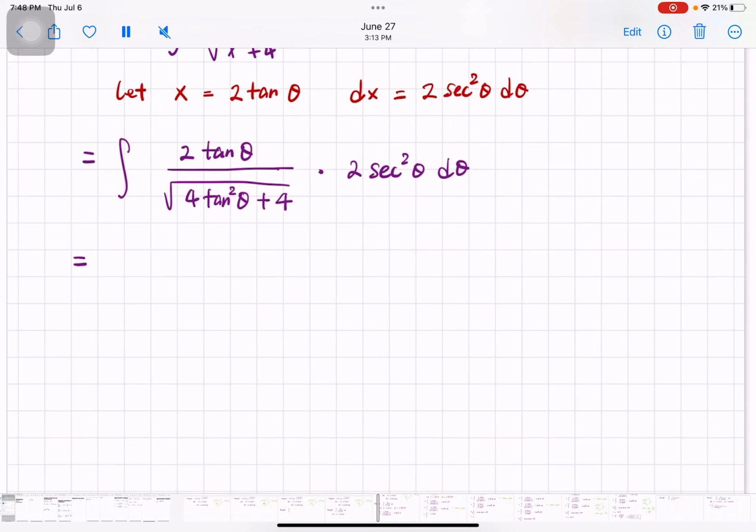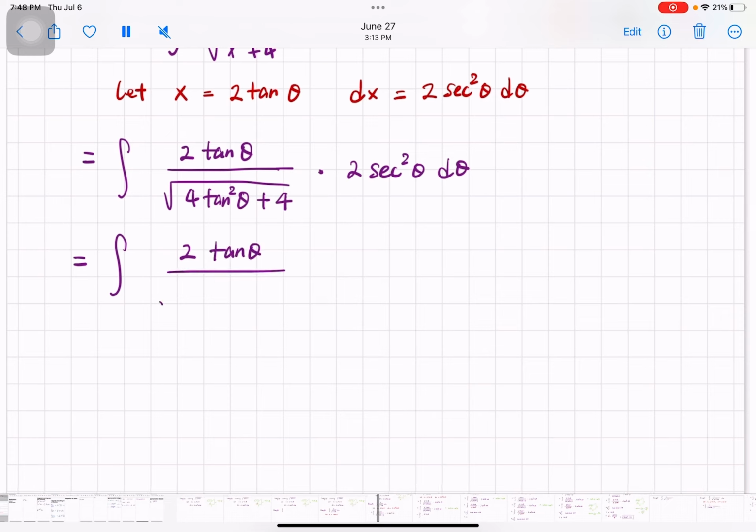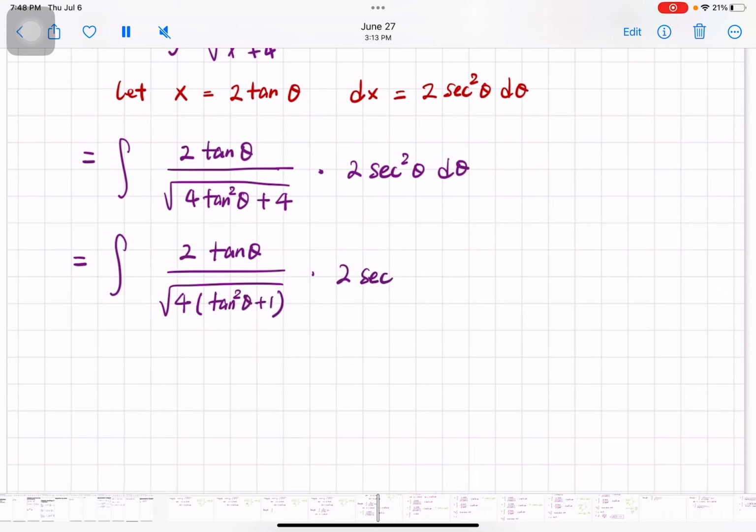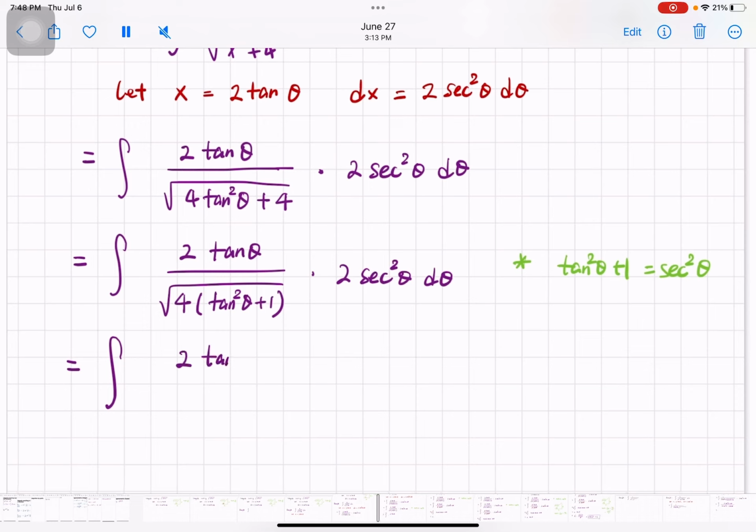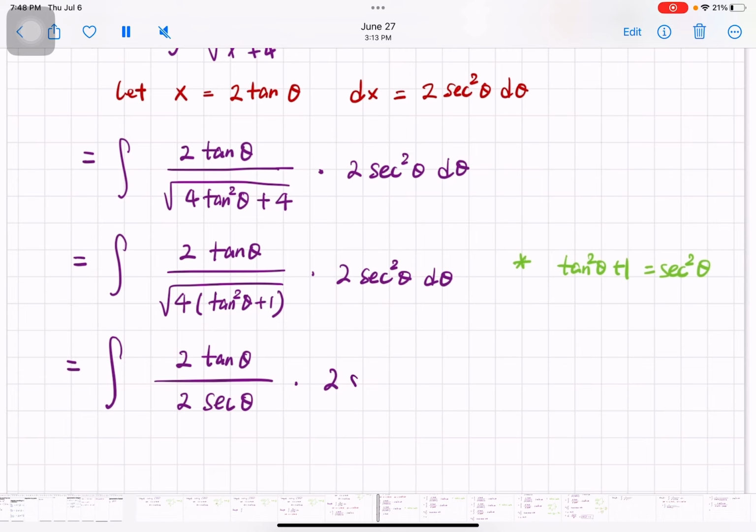The square root of 4 tangent squared theta plus 4 can be rewritten as 4 times tangent squared theta plus 1. And according to the Pythagorean theorem, tangent squared theta plus 1 is going to be secant squared theta. So both 4 and secant squared theta are perfect squares, so the denominator can be rewritten as 2 times secant theta.